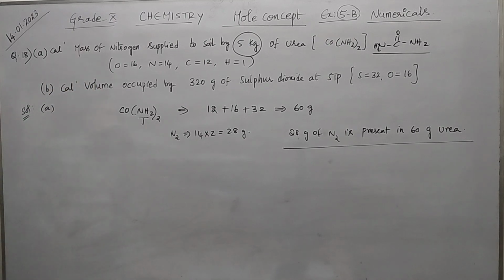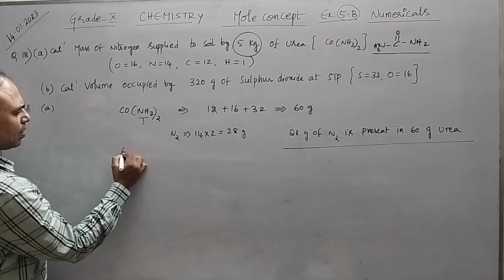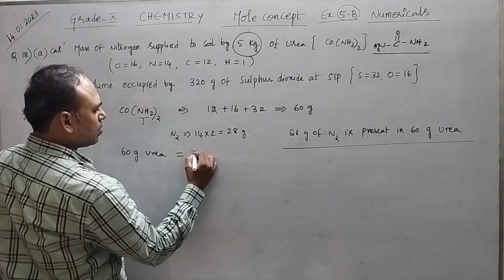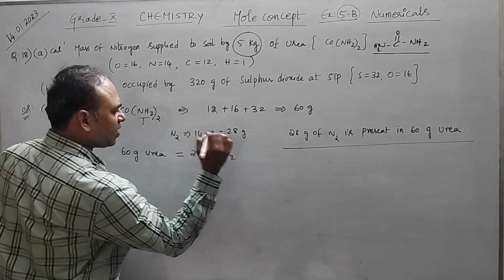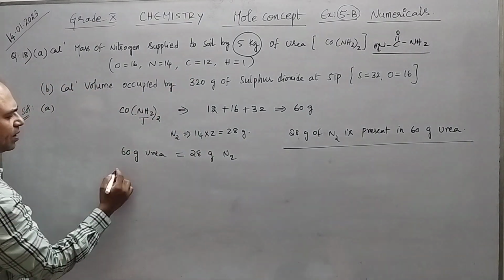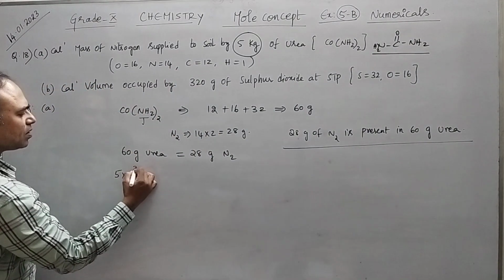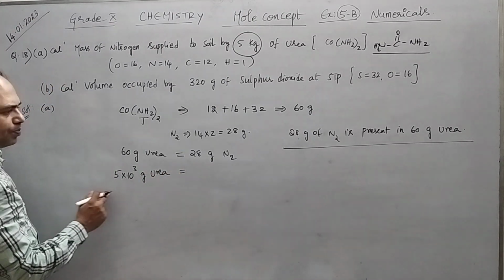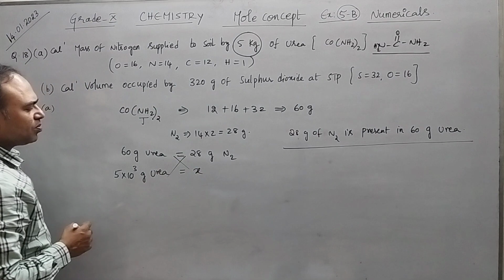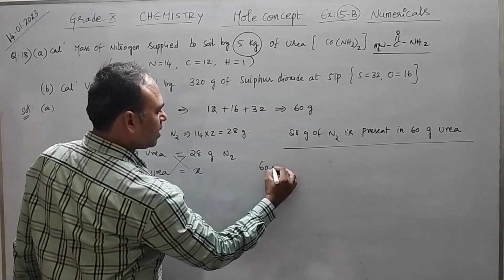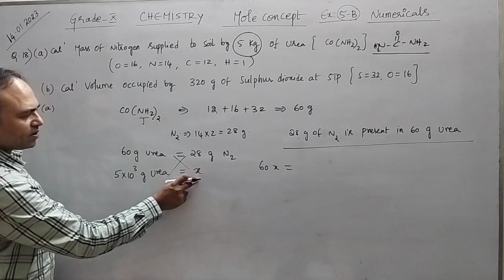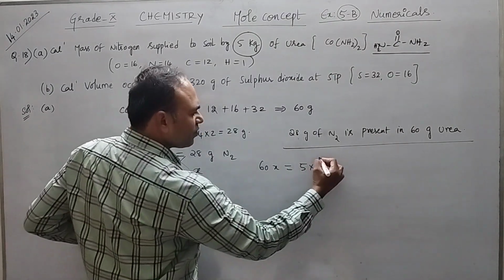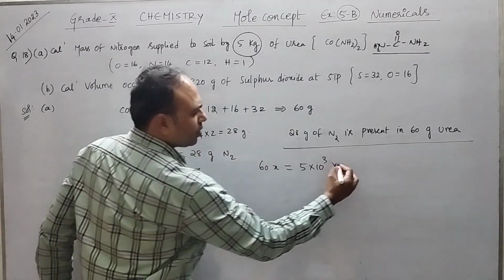So let us write: 60 grams of urea has 28 grams of nitrogen. Now they mentioned 5 kg, so we can write 5 into 10 to the power of 3 grams of urea, which is 5 kg. Take the nitrogen as x and cross multiply: 60 into x is equal to 5 into 10 to the power of 3 into 28.